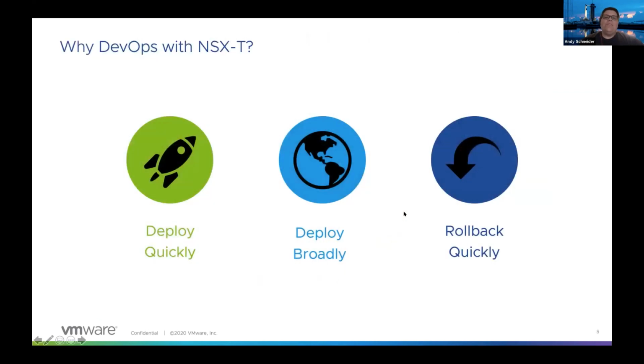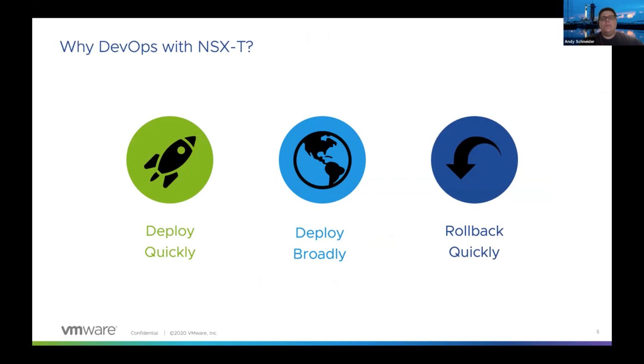So why DevOps with NSX-T? Like I said, that allows us to deploy things rapidly, but also consistently, right? Without human error, hopefully. Deploy broadly. So in one of my labs today, I'm going to show you how I'm using NSX-T to deploy to multiple sites at the same time.